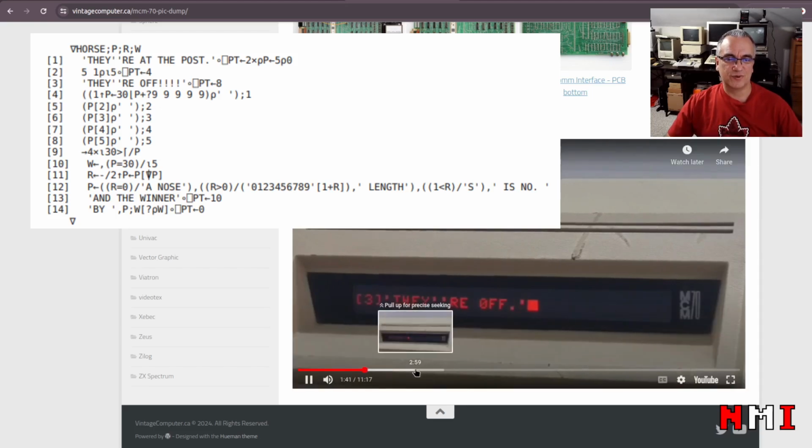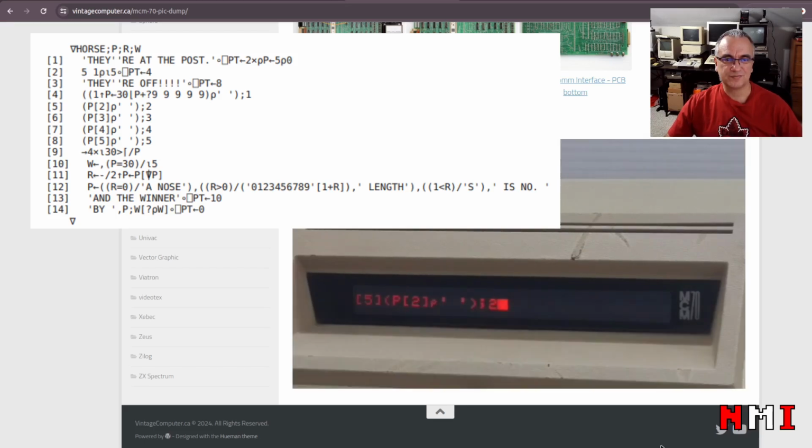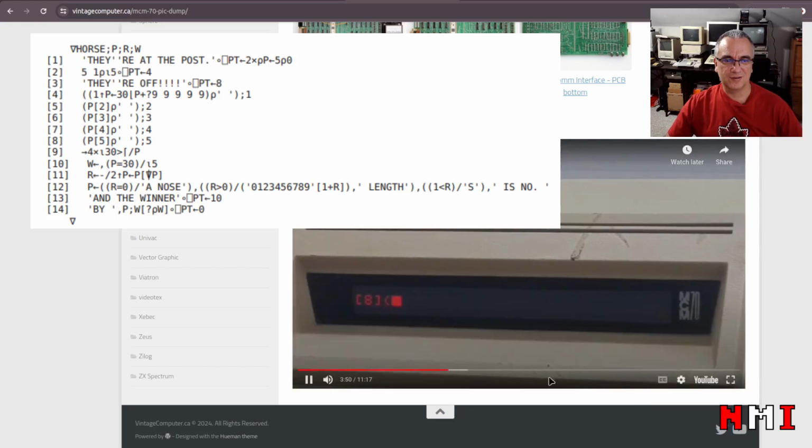Let's move forward a little bit. Line 5. Okay. That is not divide.